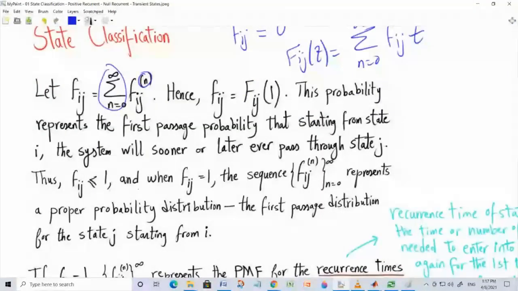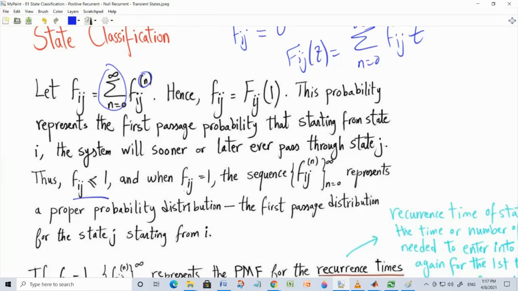So when you sum those f's, this is a probability. When you sum the p probabilities, this is not a probability, and we will understand the meaning later in this lecture. But the f's, when you sum those f's, you get a probability, and you get something that is less than or equal to 1.